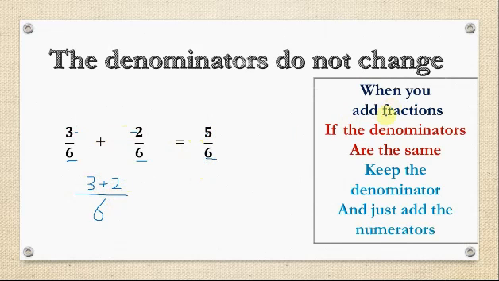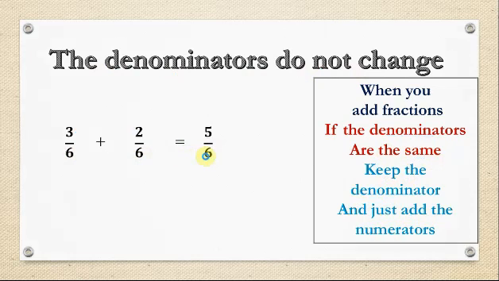So when you add fractions, if the denominators are the same, keep the denominator and just add the numerators. The denominators do not change. It was 6 here and I didn't change it.